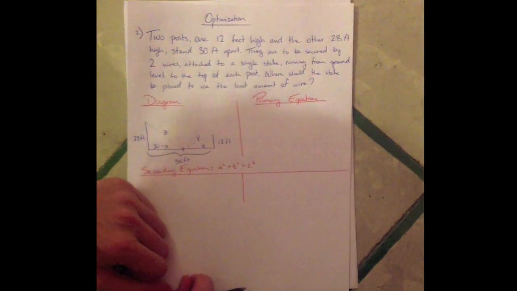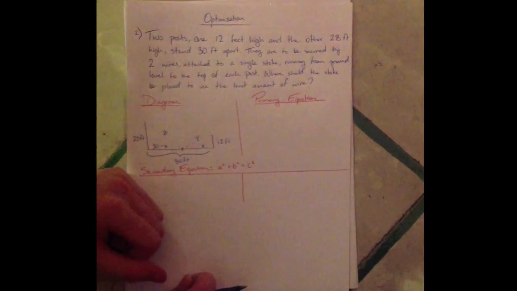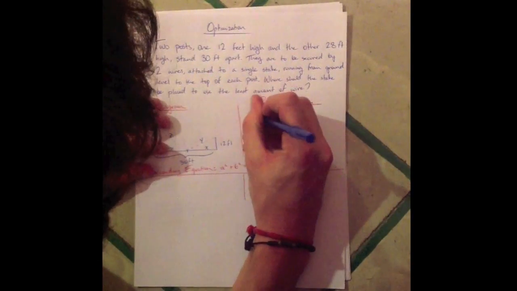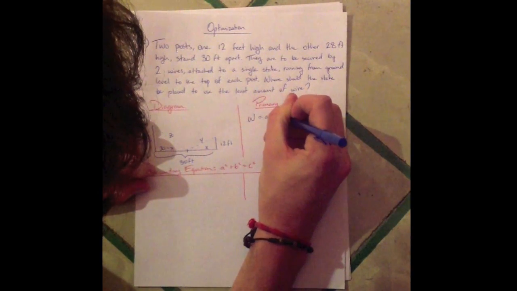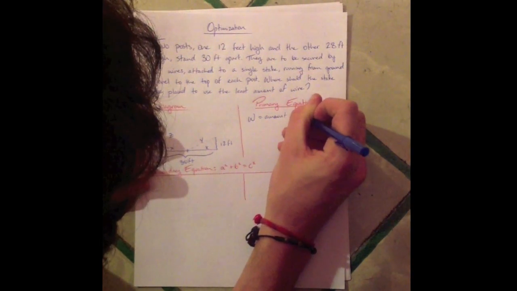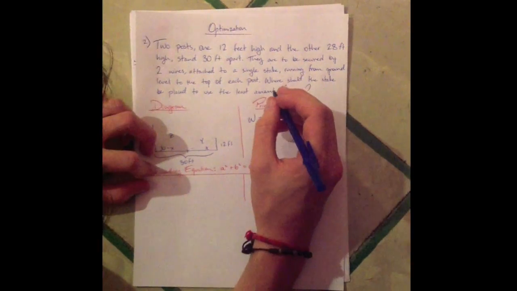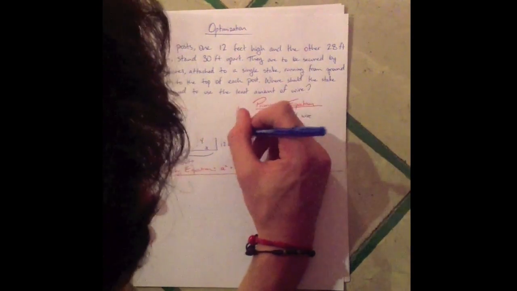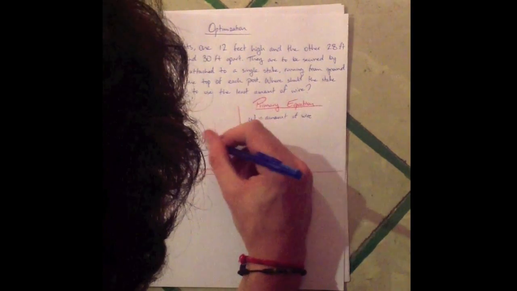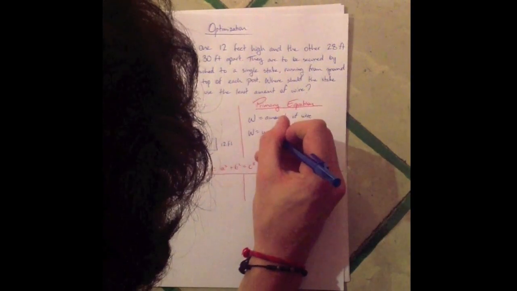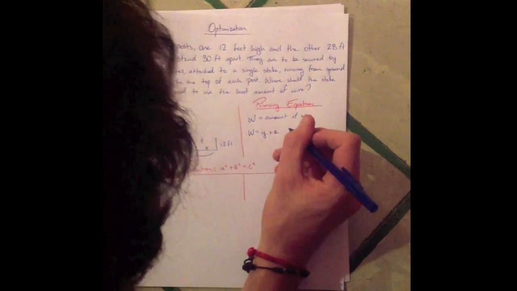So then we have to find a primary equation. W equals amount of wire, and the amount of wire, looking at the diagram, would be y plus z.